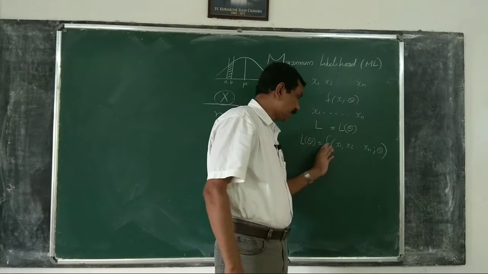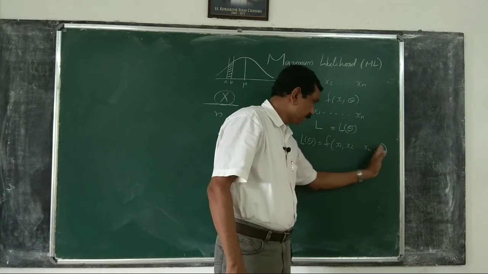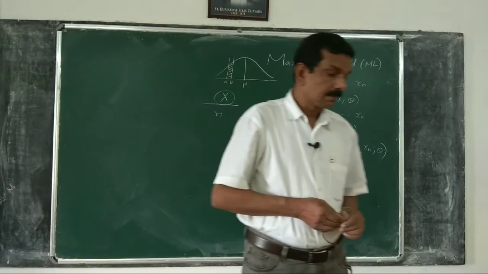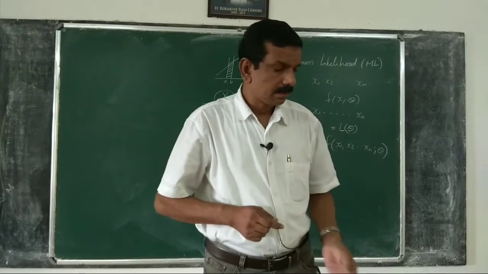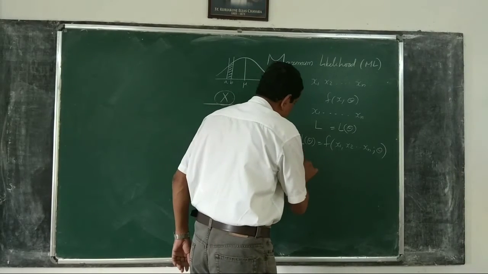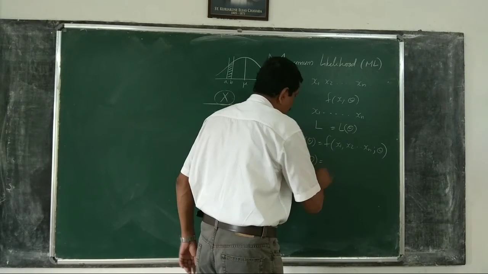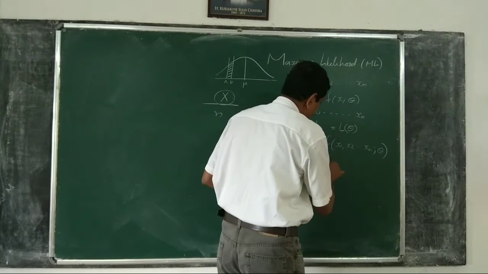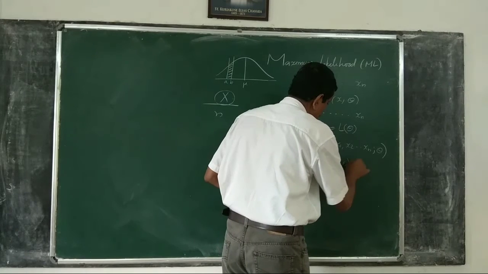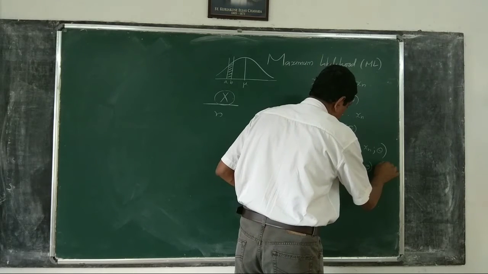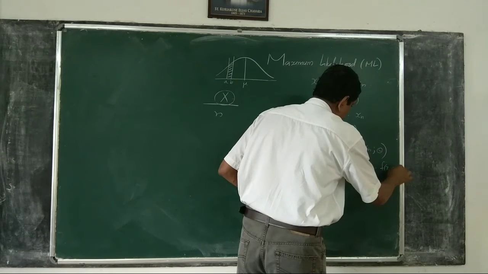As we assume that each observation is independent, this L(theta) can be written as the product of n individual PDFs: f(x1, theta) into f(x2, theta) into etc. f(xn, theta).